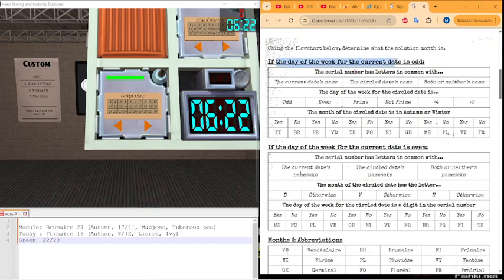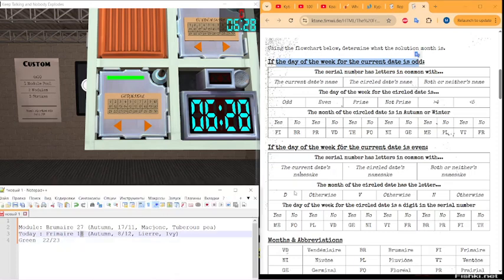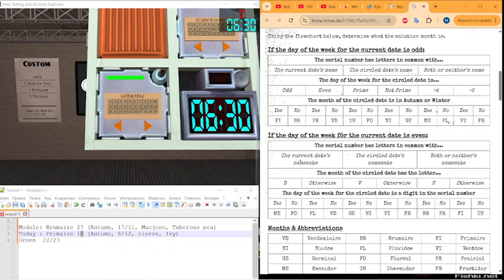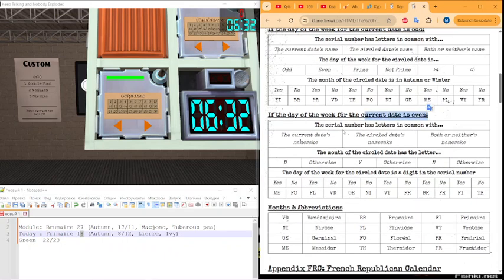Okay, if the day of the week for the current date is odd. Current date is 18th, which is not odd, so we use this rule. The serial number has letters in common with. And this is why I wrote down these words. Current date's namesake. Once again, the first one I wrote is name, the second one is namesake.